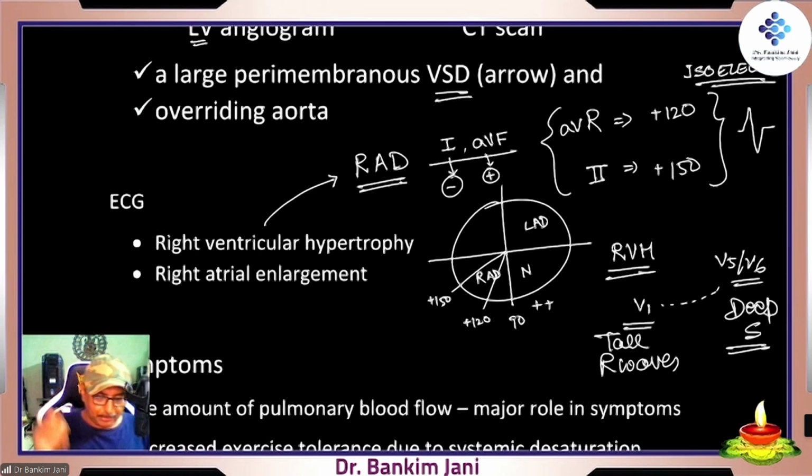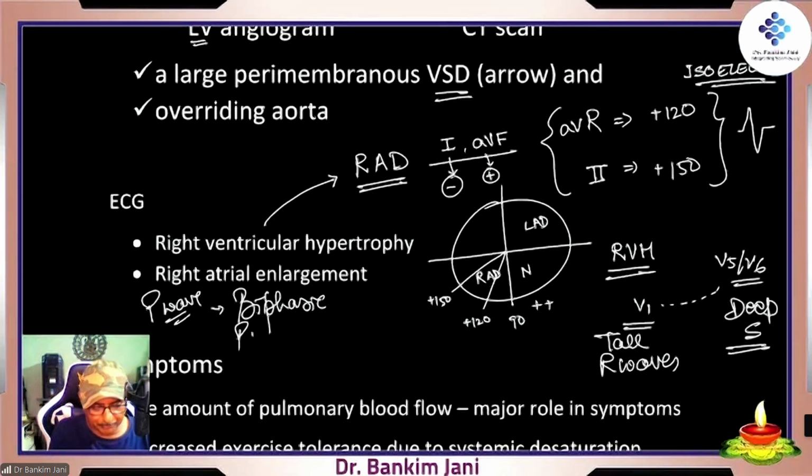Done. Next, right atrial enlargement. Atrial means the P wave is involved. Right atrial enlargement will give a biphasic P wave, correct? What do we mean by biphasic? That is how the P wave is formed, right? It is the right side and the left side.